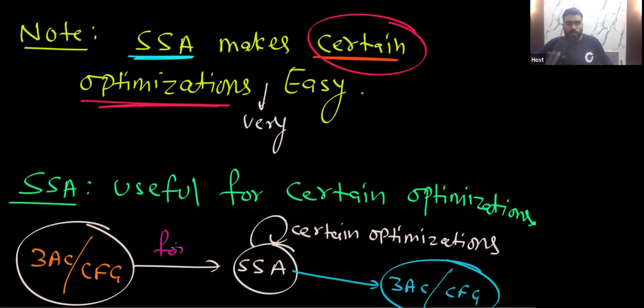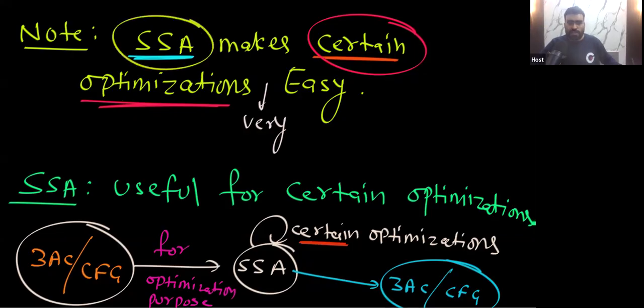So remember, we do this for optimization purposes, nothing else. Once certain optimizations are over, we convert it back into normal 3-address code or control flow graph. We are never going to run this SSA, so don't worry about the Phi function.